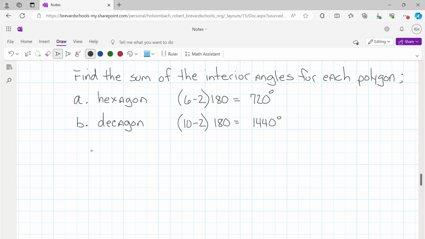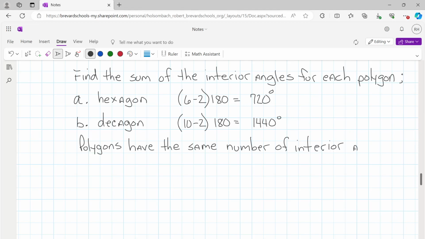Now, polygons have the same number of interior angles as they do sides.